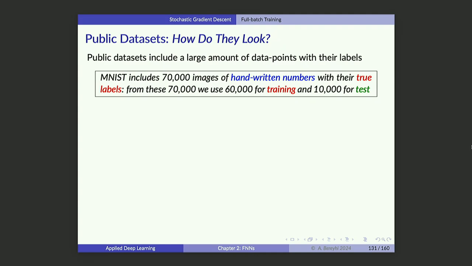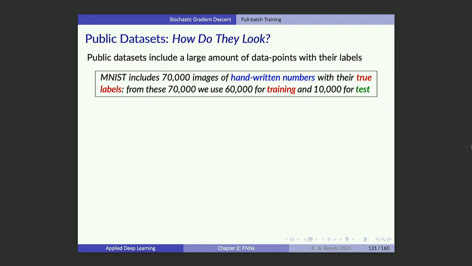And now let's see, if you want to do the full batch training, how much computation we need to do. This MNIST data set has 70K different images. The typical approach is that we keep 60K of them for training, and we reserve 10K of them for later testing. So after we train over those 60,000 images, we give the 10,000 images to check whether these new images are being classified correctly or not, okay?